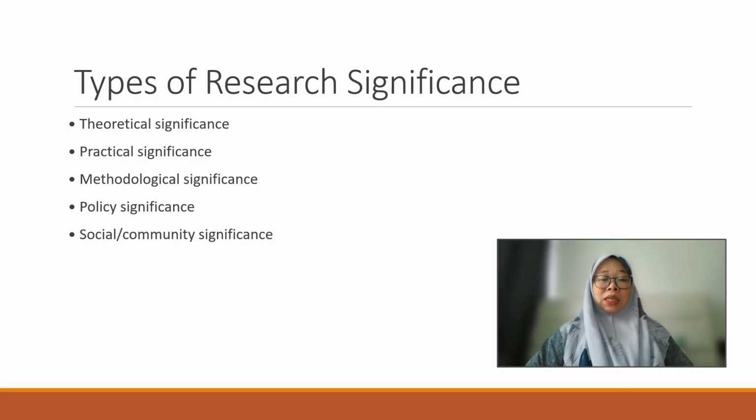The second one is the practical significance, which refers to how your work benefits practitioners, such as managers, educators, or entrepreneurs. The third one is the methodological significance, which explains how your research improves or introduces a new approach or new tools. The fourth one is the policy significance, which can affect organizations or the government in designing better guidelines.